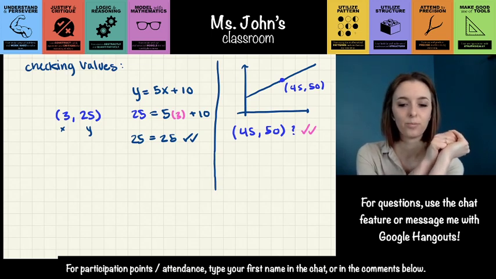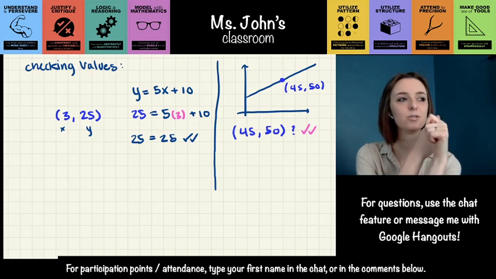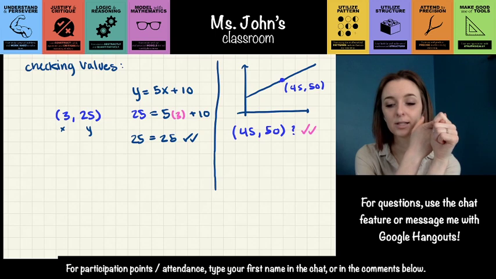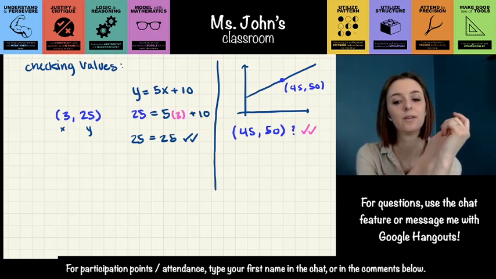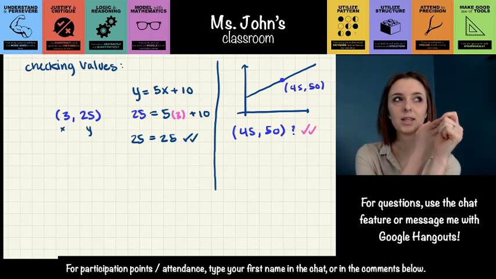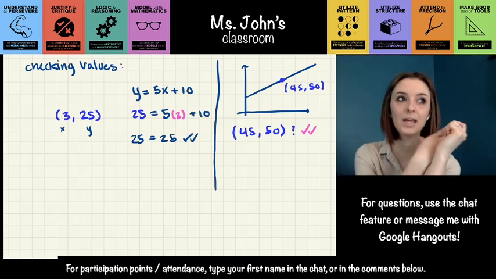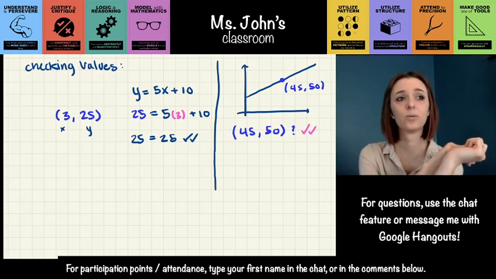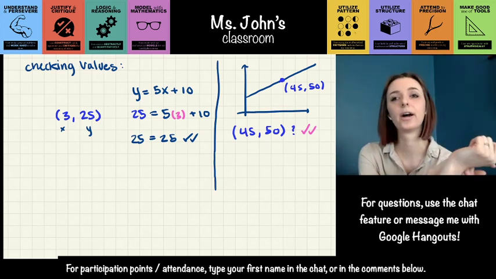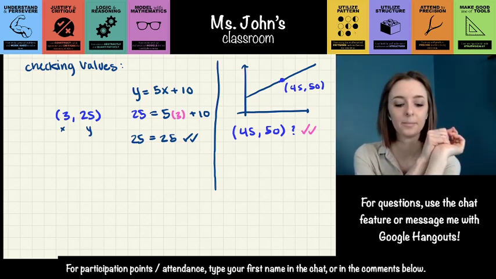Most of the time, checking values comes up if they're having you look for an equation that represents the scenario, or a graph that represents the scenario accurately. For inputs and outputs, they'll ask something like how far has William run in this many hours. So just read carefully.